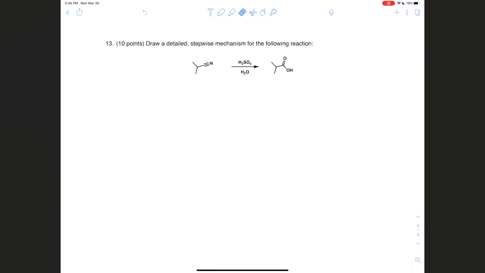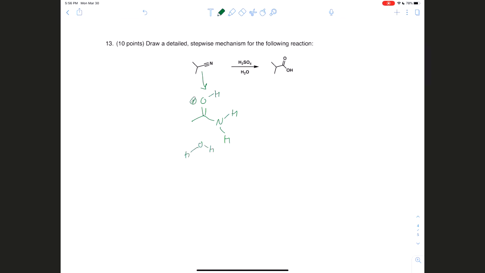13. Do we have to show steps in the workup to replace the primary amide with a hydroxyl? We did not go over that. If you check the book, I believe this is drawn out, and it follows a lot of the same ideas that we have for hydrolysis of an ester. We're going to start with protonating this carbonyl.